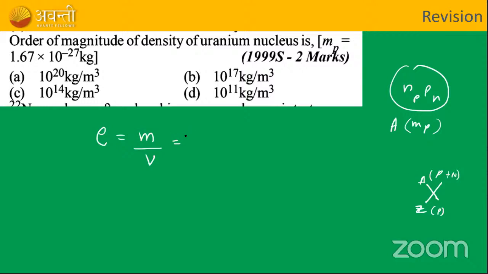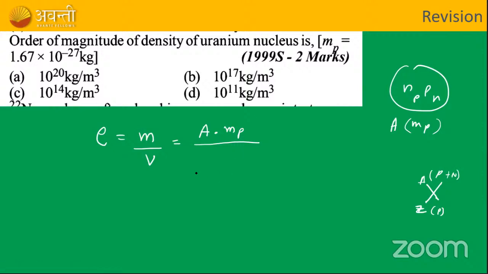So the total mass of nuclei will be the atomic mass number into the mass of individual protons. Okay, so that is how I can write the mass. AMU, that's correct, atomic mass unit. So atomic mass number A multiplied by mass of protons. Because the masses of proton and neutron are equal, I just consider only the mass of proton.